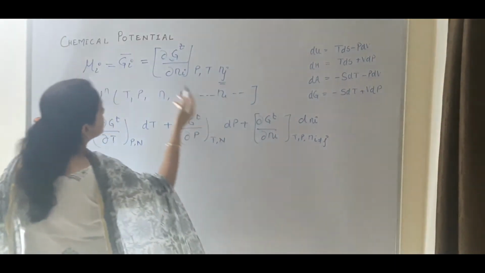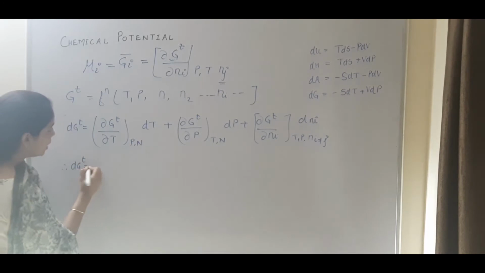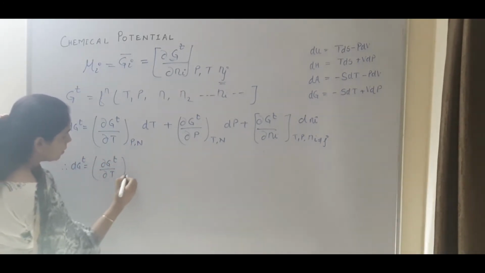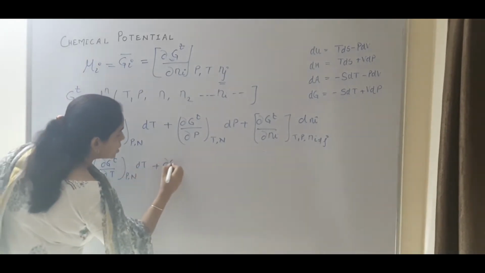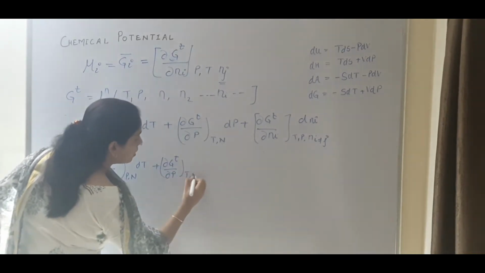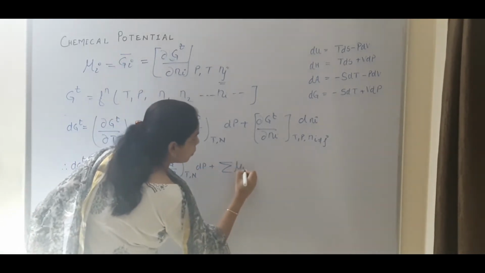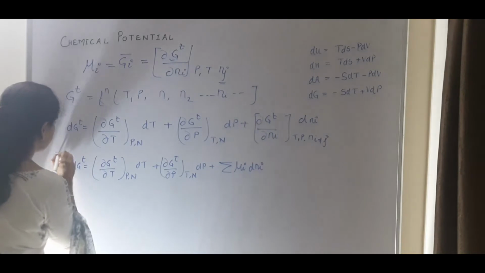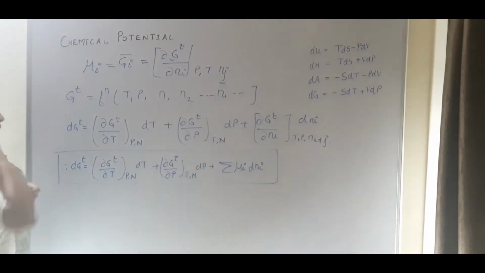You can replace this last term by mu i. So the equation becomes dGt equals the partial of Gt with respect to T at constant P and n times dT, plus the partial of Gt with respect to P at constant T and n times dP, plus the summation of mu i dni. This is the relation for the change in total Gibbs free energy of the system.